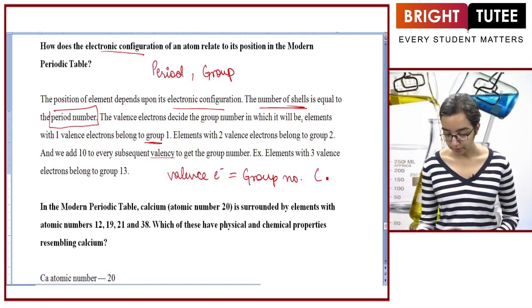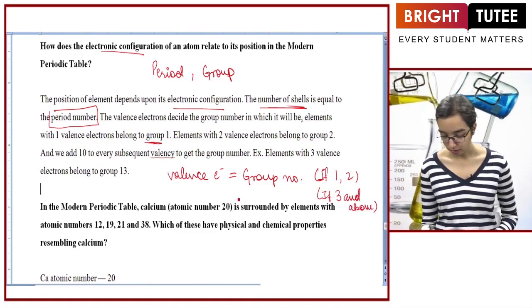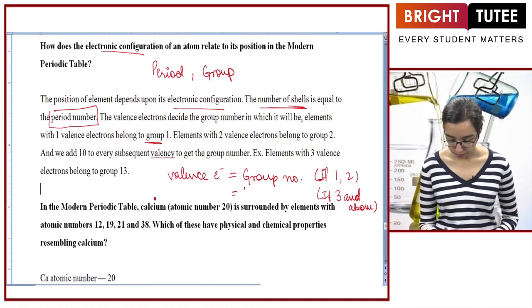But if it is 3 and above, the group number becomes 10 plus the number of valence electrons.